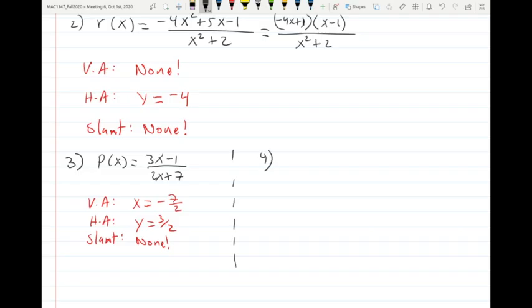And then let's see. How about this one? G of x equals (-2x squared minus 3x plus 7) over (x plus 3). All right, so let's see. Two numbers whose product is -14 and the sum is -3.